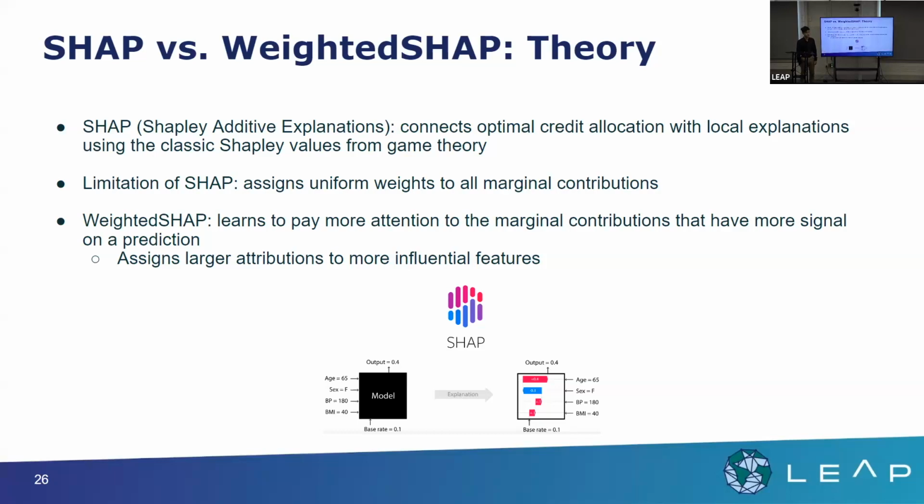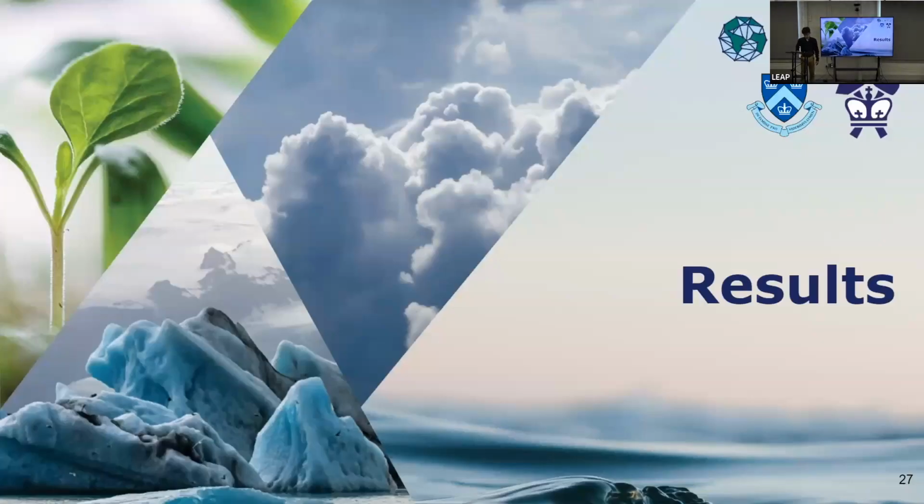What weighted SHAP does is make a difference there. It learns to pay more attention to the marginal contributions that have more signal on a prediction, and assigns larger attribution to more influential features, which is ultimately what we want if we want interpretability in machine learning. So here are the results from that.